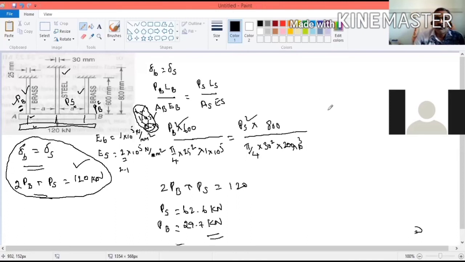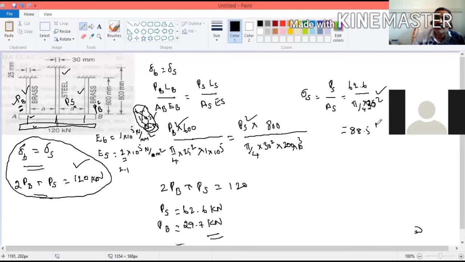After that you find the stress. Sigma S is equal to PS by AS. What is PS? 62.6 divided by area pi by 4 D square, steel is 30 square. This will give the stress. The value will be 88.5 Newton per millimeter square.